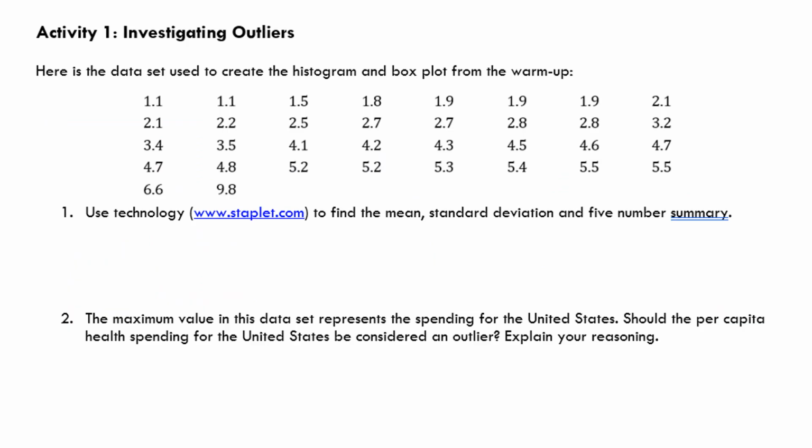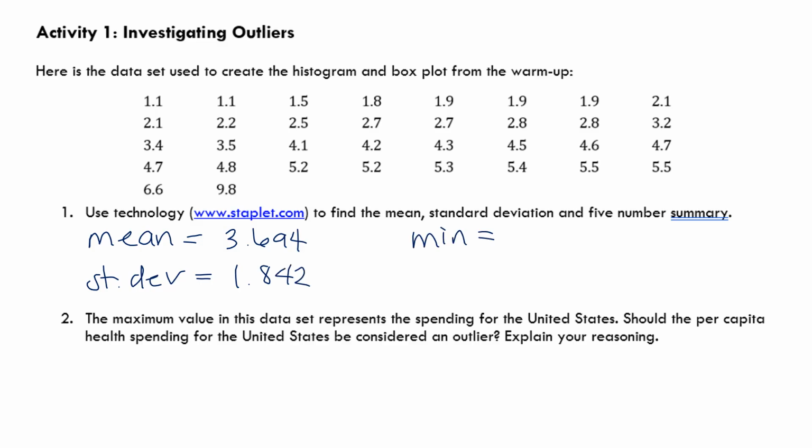All right, so if I look at this data set here, I've already typed all of my data in to the applet online. And when I did that, I got a mean of 3.694. I got a standard deviation, and I don't want to round these, I want to keep the decimals that I see, 1.842. And then for my 5-number summary, my minimum is 1.1.